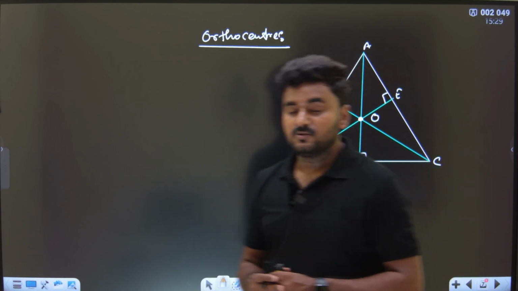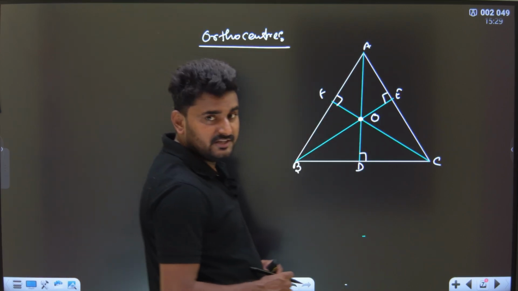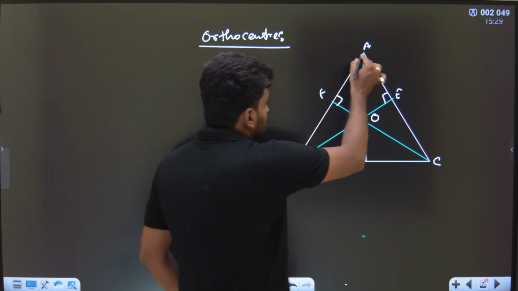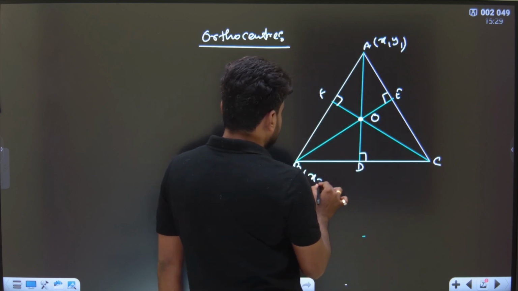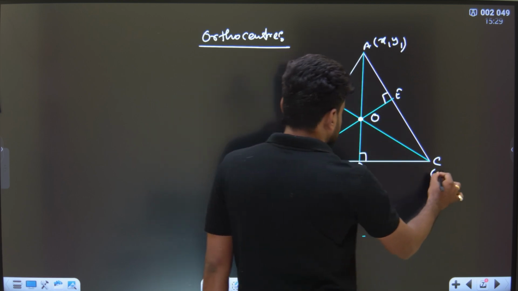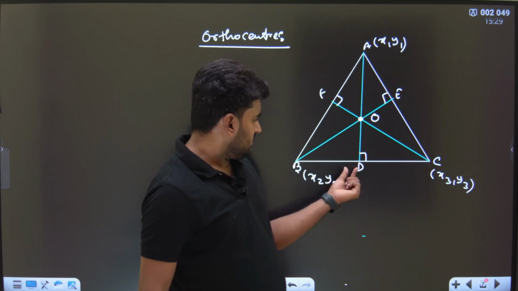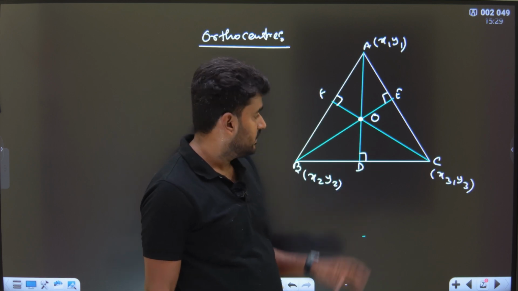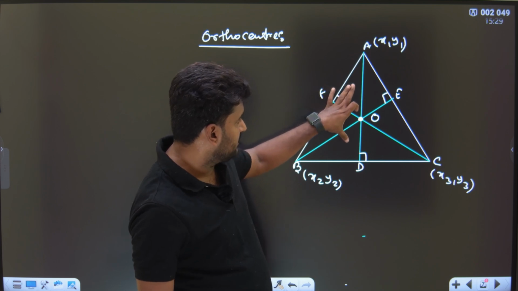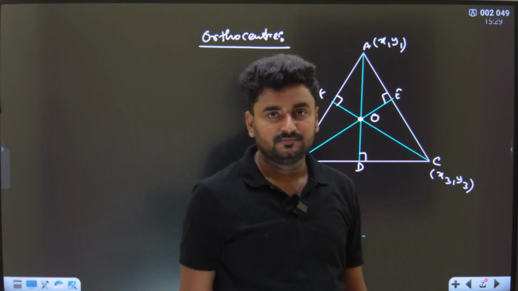How will I find the coordinate? Dear students, for finding this coordinate, first of all you will have the coordinates x1, y1, x2, y2 and x3, y3. You can easily find the slope of BC, and the perpendicular slope of AD, and you can also find the slope of AD.